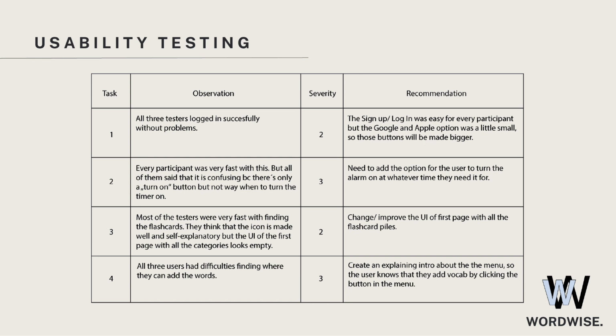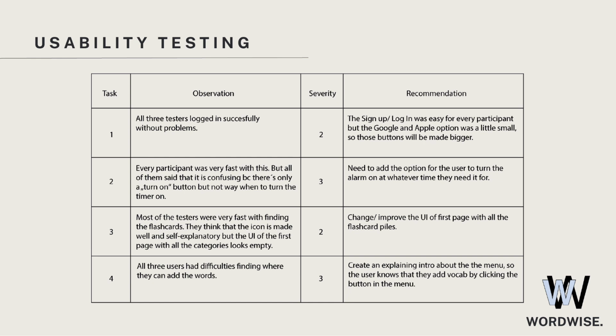The second task was to turn the daily reminder on, and every participant was very fast with it, but they said it was a little confusing because there was only a turn on button, but not when the reminder would actually happen. So I will be changing that and adding the option to turn on the reminder whenever the user wants to have it.